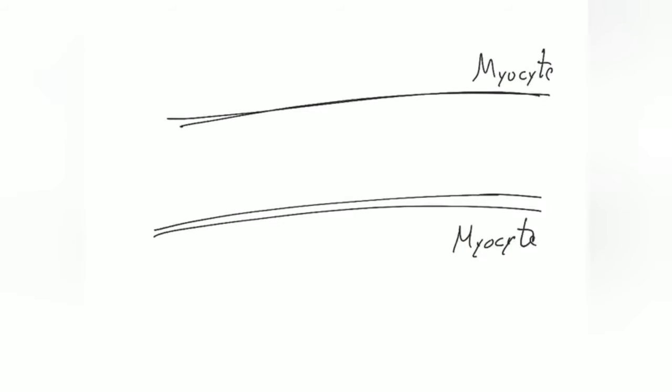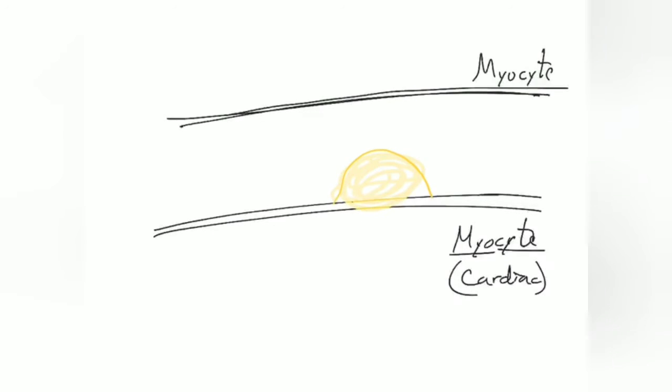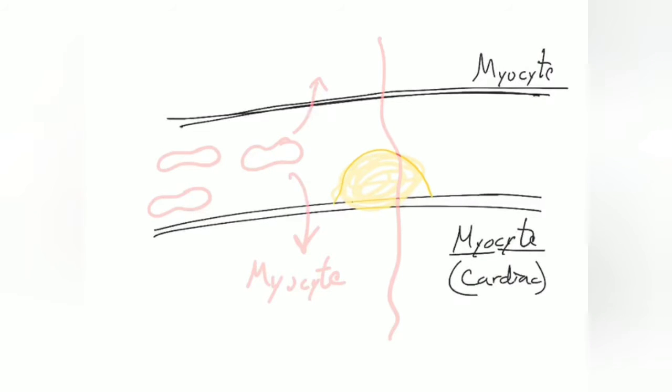Myocyte means myo for muscle, and cyte for cell. So cardiac myocyte, because they belong to the heart. And then here we have our atheroma, which leads to the atherosclerosis component. So again, we have our red blood cells here, and the myocytes are happily receiving oxygen in this area. Say they're getting 100% of oxygen.